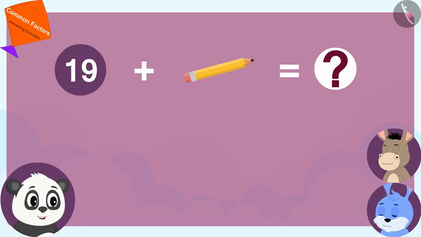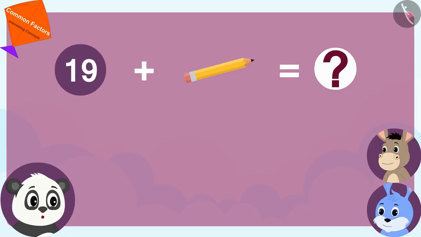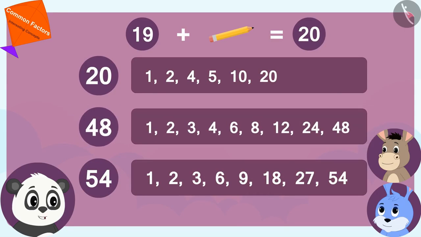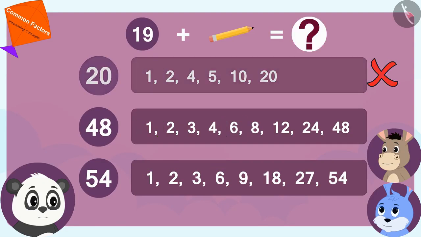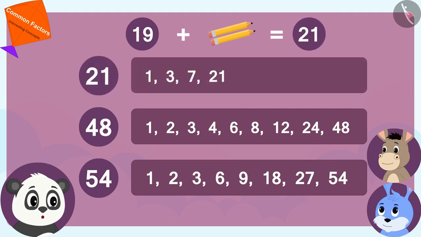If I add one more pencil to these 19 pencils, then the total is 20 pencils. But 20, 48 and 54 do not have 6 as a common factor. If I add one more pencil, the total is 21 pencils.